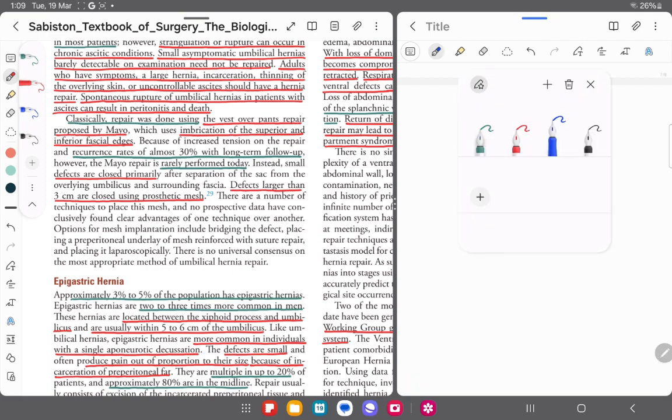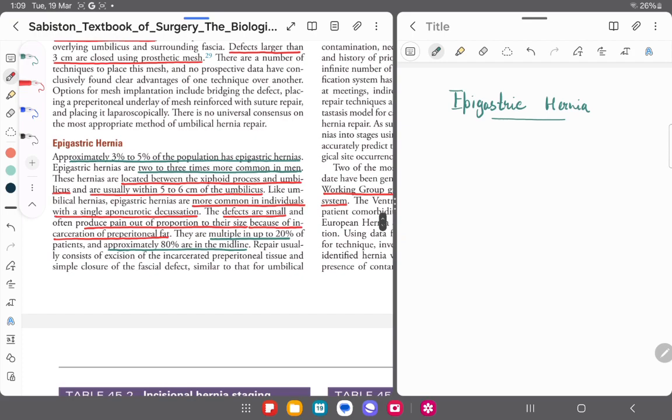So this completes umbilical hernia. Next we will read about epigastric hernias. Approximately 3 to 5% of the population have epigastric hernias, and they are 2 to 3 times more common in men.